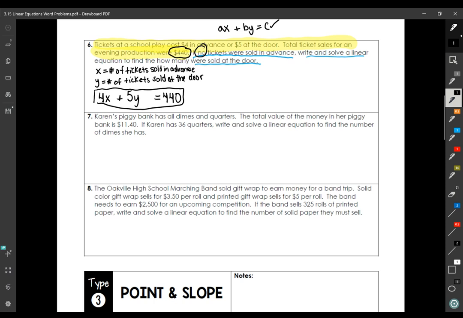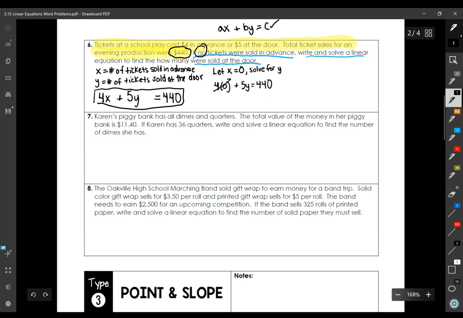So that means we let X equal 0 because we didn't sell any tickets in advance. And we're going to use that to solve for Y, which is the number of tickets sold at the door. So 4 times 0 plus 5 times Y is equal to 440.